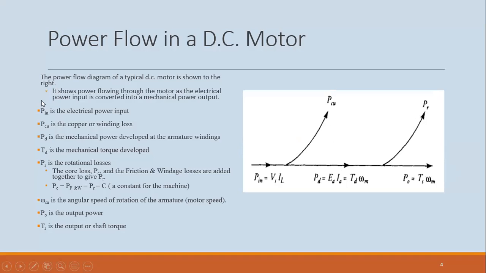All right, so P in then is electrical, and as before, copper loss, rotational loss. So the same definitions as we had before. Now TS this time now is an output torque.